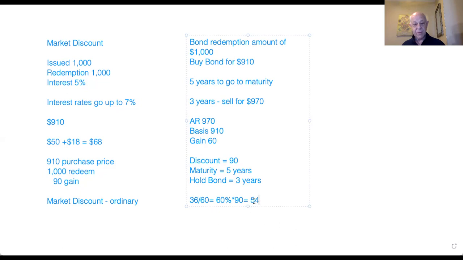And the default rule is to use straight line. So this is using a straight line methodology. If you want to, you can make an election to use a yield to maturity methodology. You'll end up with slightly less discount. But for our purposes, let's just use straight line. So what this means is the first $54 of gain equals ordinary income.